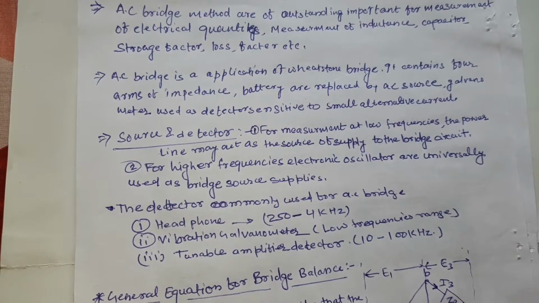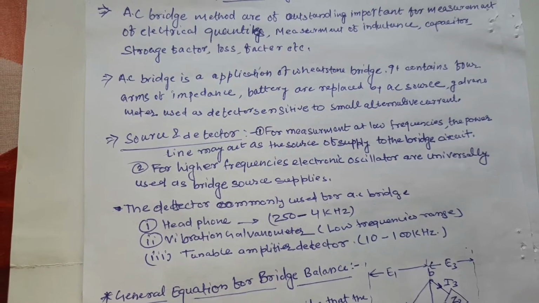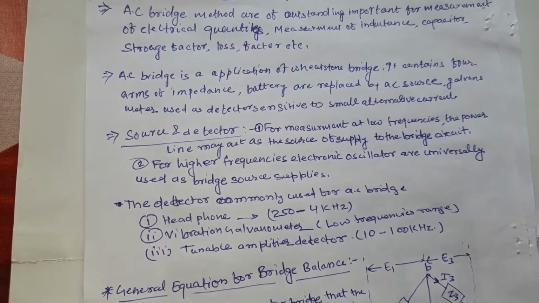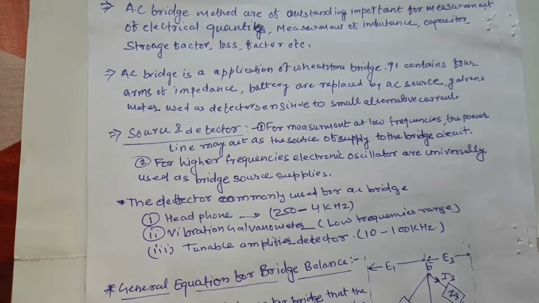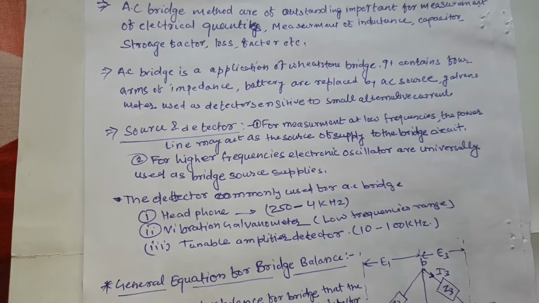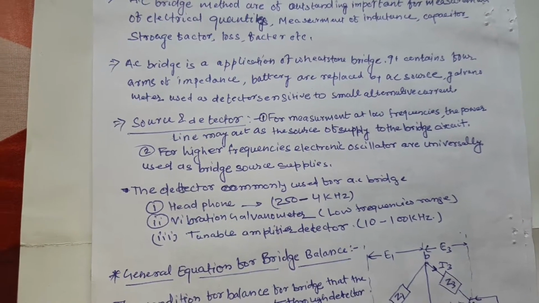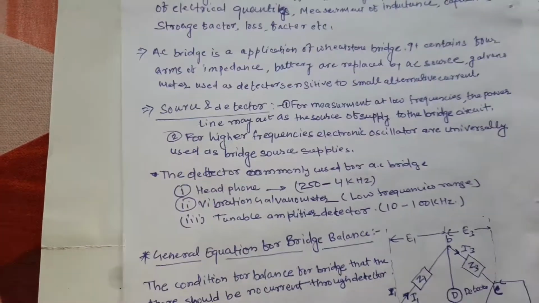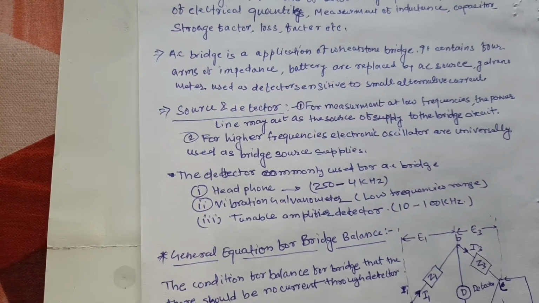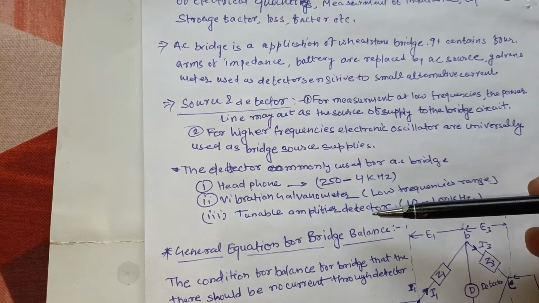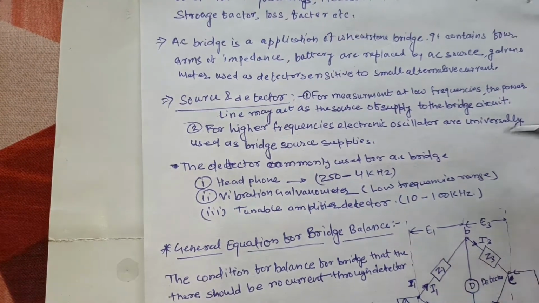For measurement at lower frequency, the power line may be used as the source of supply for the bridge circuit, and for higher frequency, electronic oscillators are universally used as the bridge source supply. In the detector, you have to use headphone, vibration galvanometer, and tunable amplifier detector.